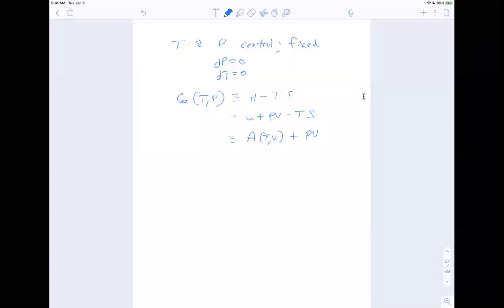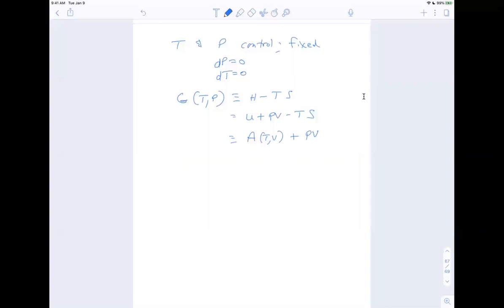And you could also say that this is the definition just because of what we've defined earlier in terms of our thermodynamic potentials. So as a side note now, we have U, we have enthalpy, we have the Helmholtz free energy, and now we have the Gibbs free energy. And I reiterate that U is a function inherently of entropy and volume. H is a function now of entropy and pressure.